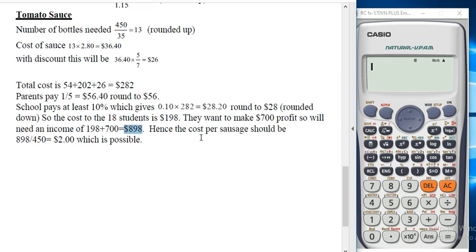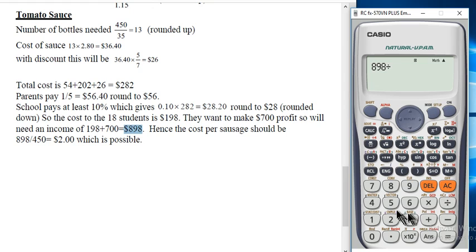Alright, so $2 per sausage, and I think it's just a little bit less if we work it out. Let's just do it anyway. 898 divided by 450 equals that. Okay, $1.99, right?